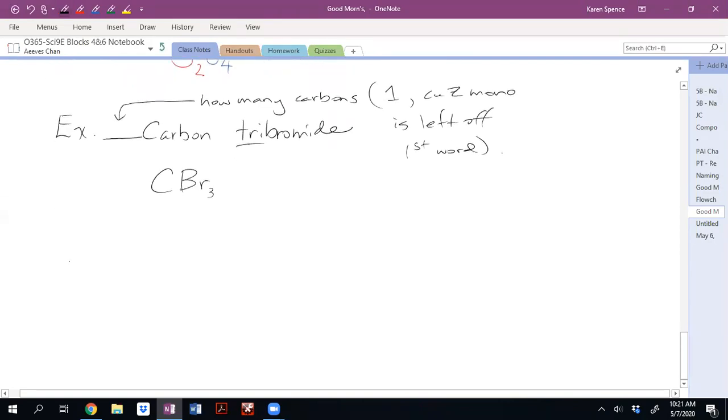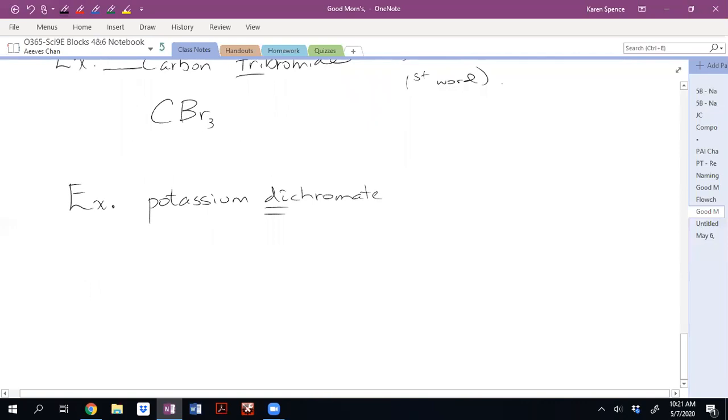Okay, and I'm going to give you one last example because this is something that messes people up all the time. Let's say we had potassium dichromate. Many people will see the di and they will think two chromium.